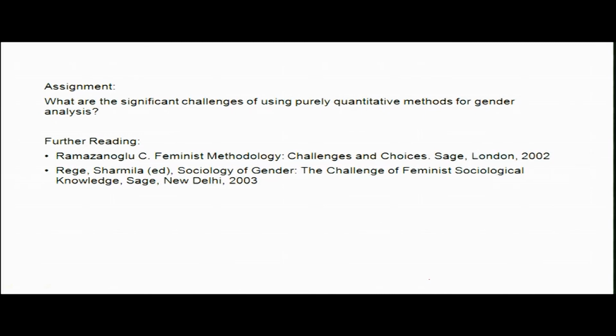And if you want to take a look at the book by Ramazanoglu on feminist methodology, and by Sharmila Rege, Sociology of Gender, you can read up on how feminist methodology as a process has evolved over time with regard to research methods.